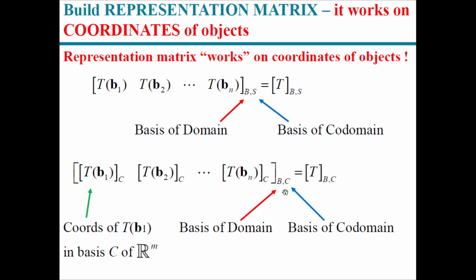So this is what it means when I write the representation matrix of a linear transformation T relative to bases B and C. It means that I apply T to each basis vector from basis B, and then I need to find the coordinates of the image in basis C. And then I put the results in columns of the matrix. So that's my representation matrix relative to bases B and C.